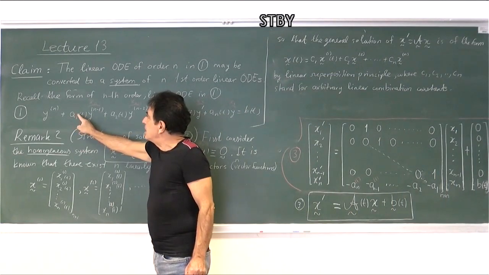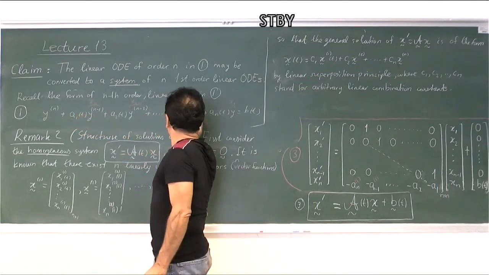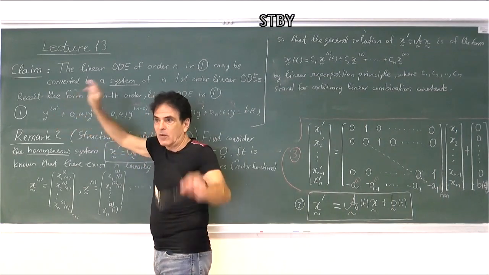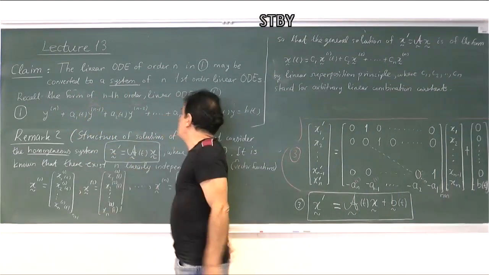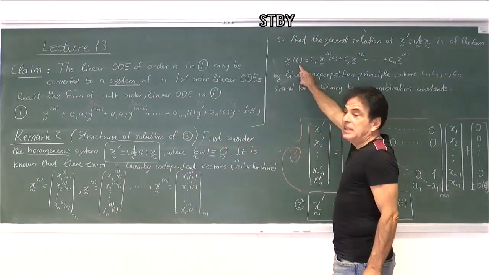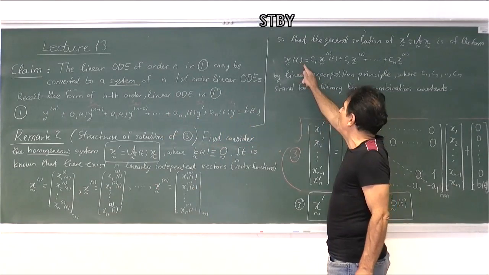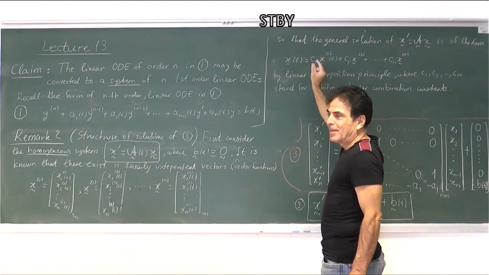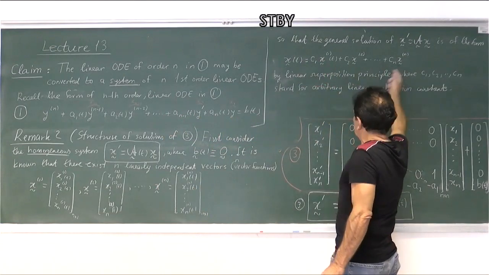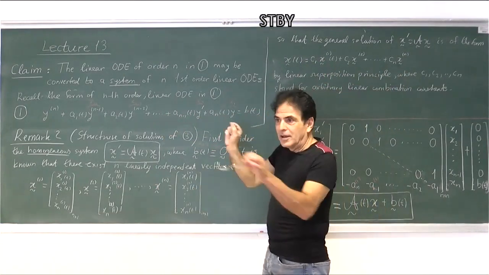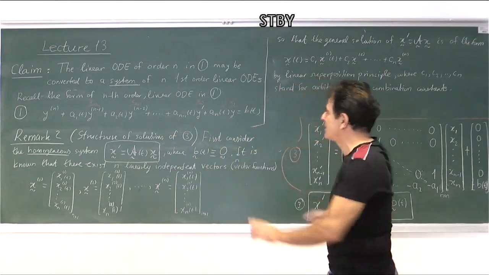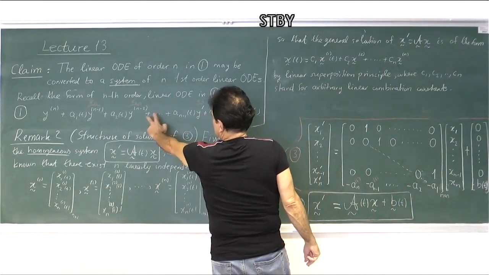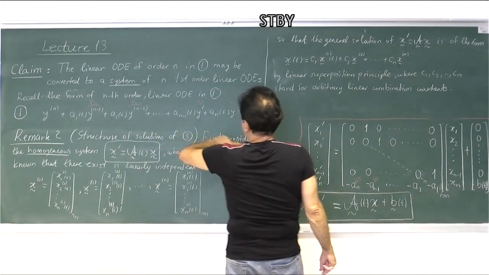the single linear ODE of order n in x1, so our first equation, we just need to find the first component of this solution. Recall the correspondence between this system and this single nth order linear ODE.